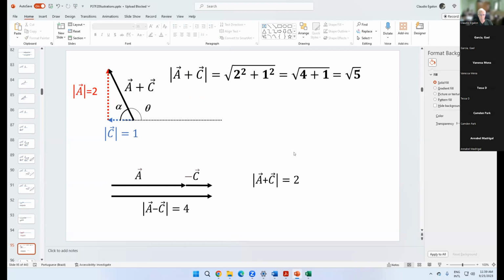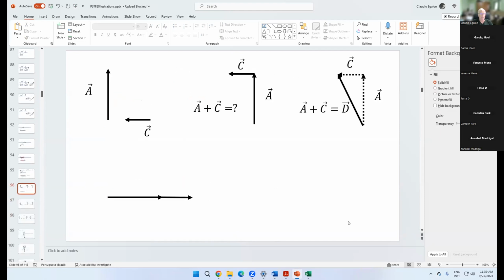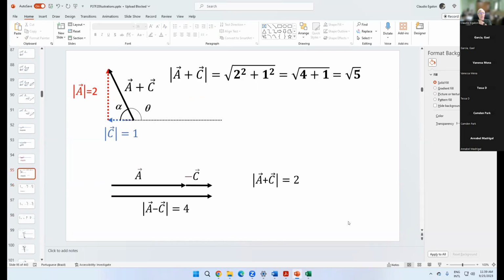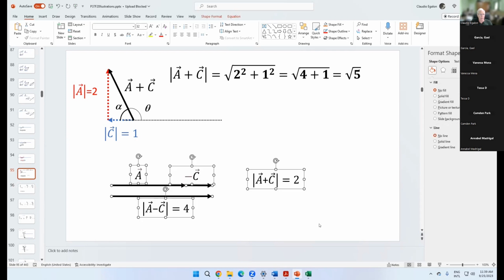Here too is the subtraction of two vectors, which we did before. Two vectors that are perpendicular to each other. So it's easier to sum and subtract vectors that are in one dimension.